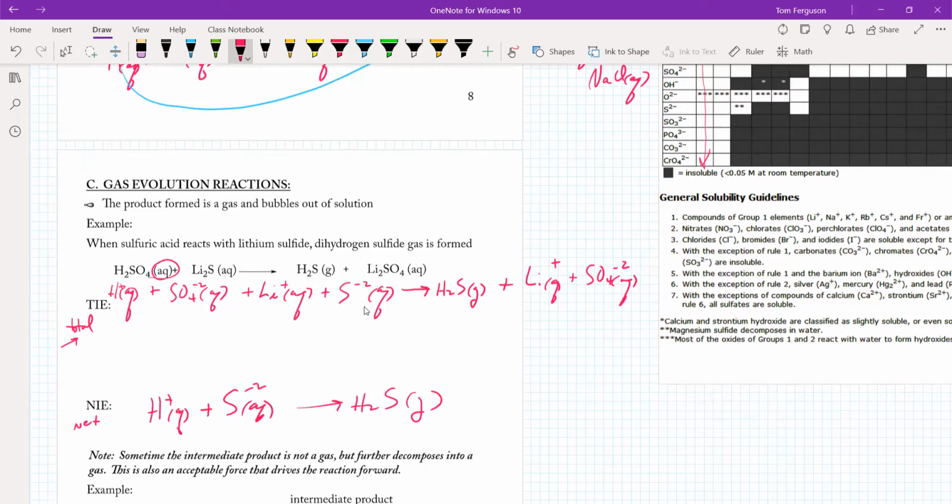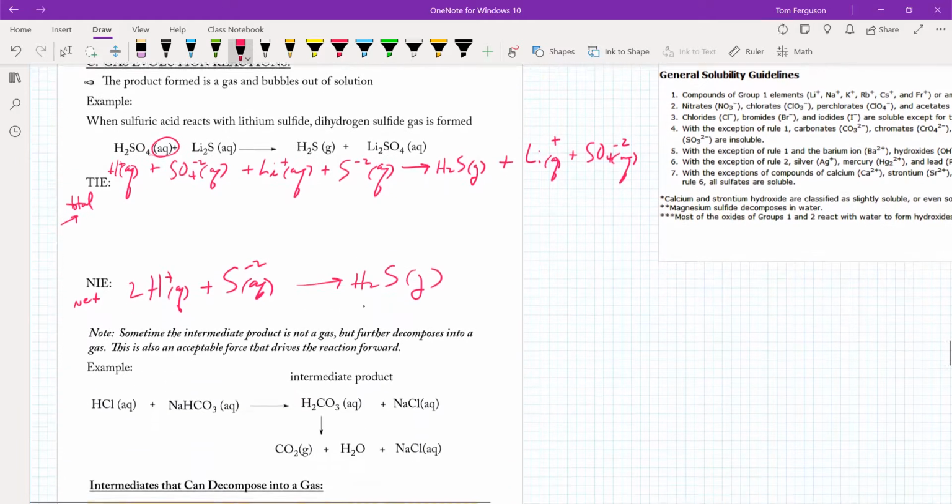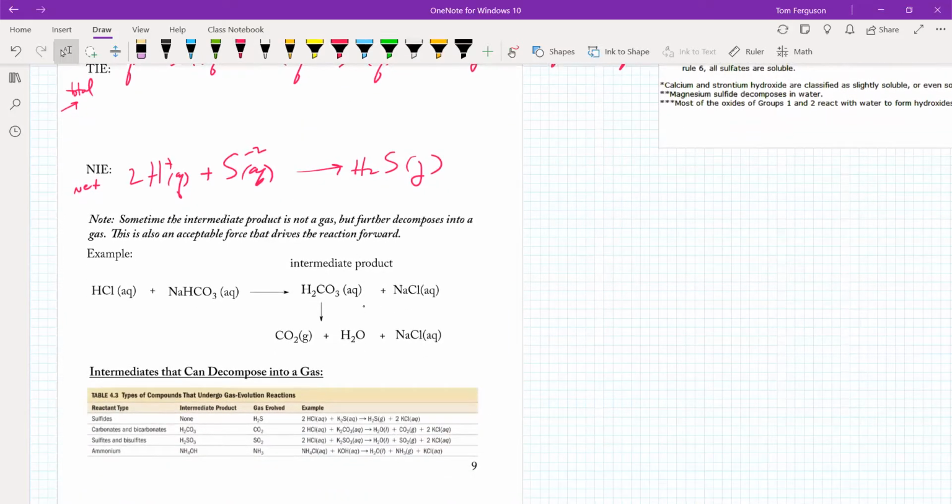And notice tomorrow I'm going to talk about, is this a valid equation? It needs to be balanced. Same with this up here. You always balance equations. Okay.